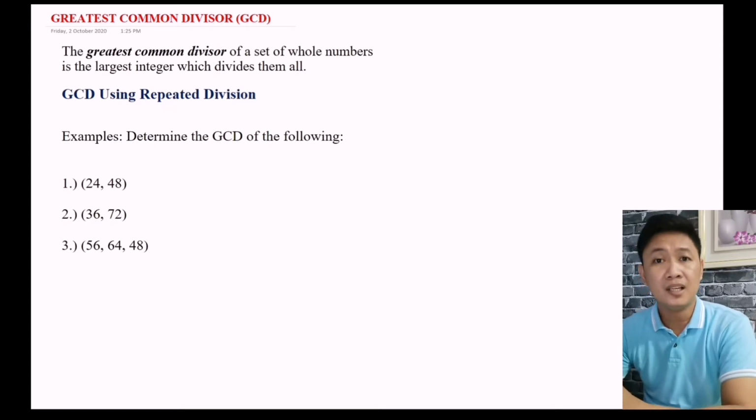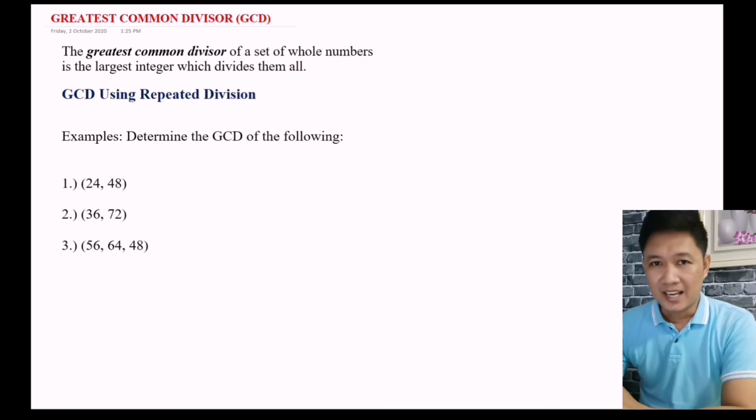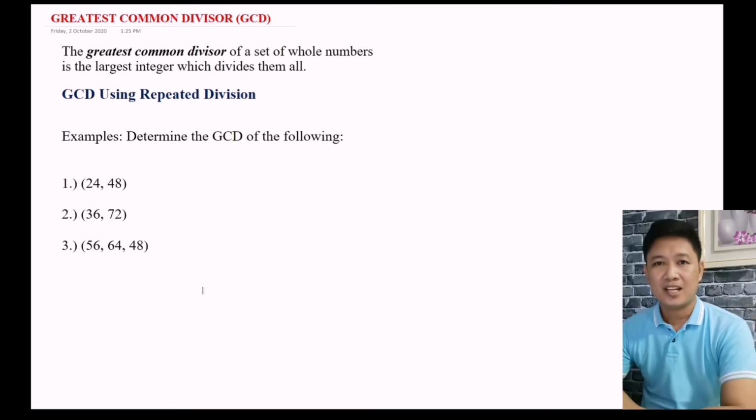Una, nakakatulong sa atin ito kapag tayo ay nag-simplify ng fractions. And also, pwede rin natin magamit ito sa higher math like pag nag-factor out tayo ng polynomials using the common monomial factor.